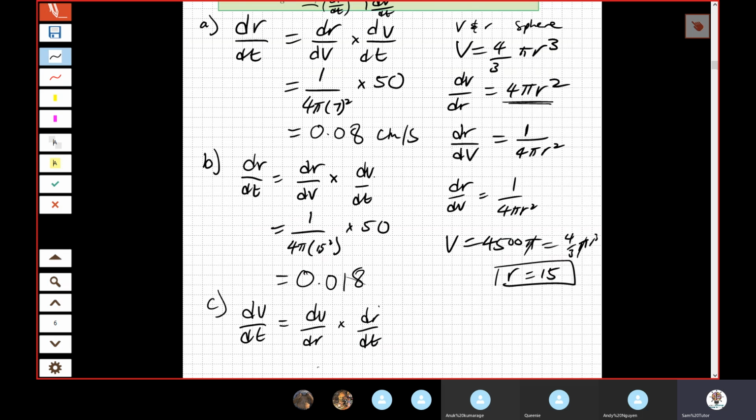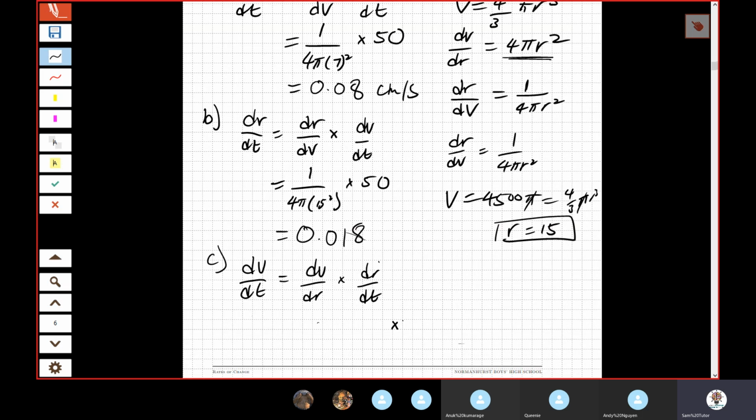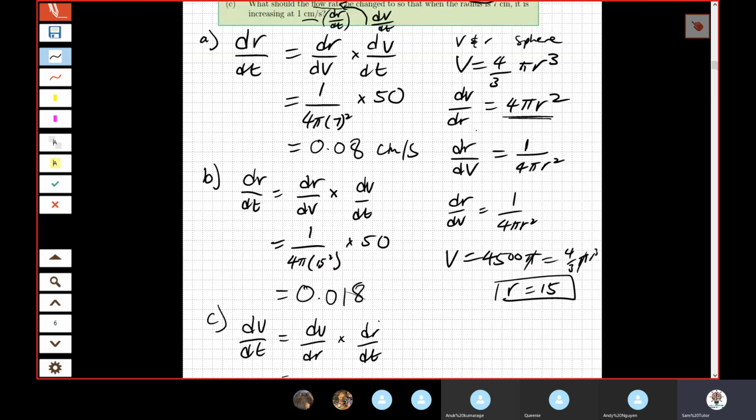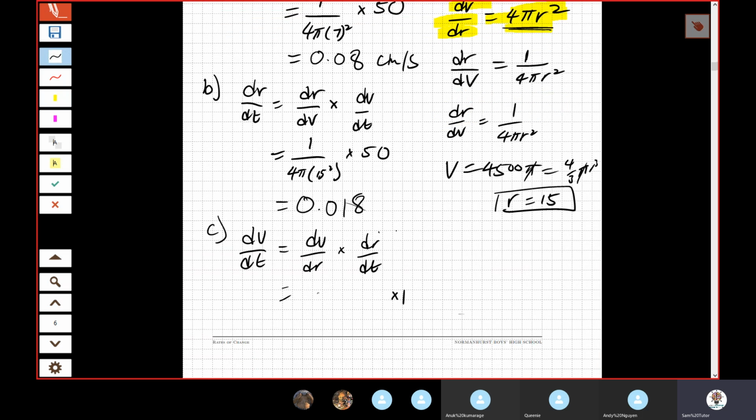You already have dr on dt. It's 1. We just need to find dV on dr, which we did up here. dV on dr is right there, 4 pi r squared. The radius is 7, so 4 pi r squared.